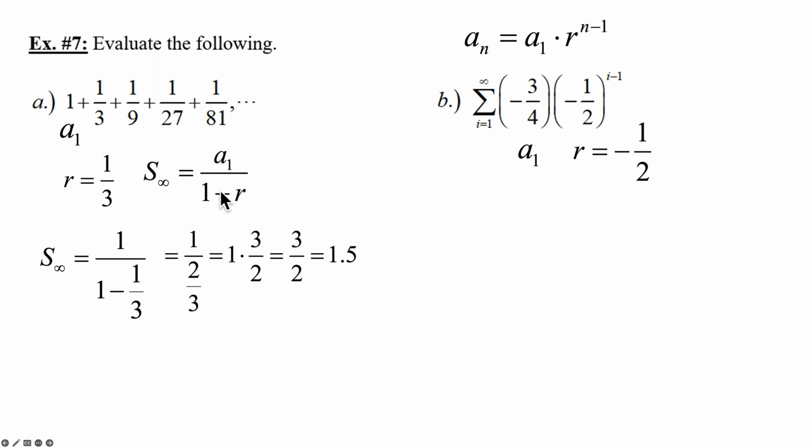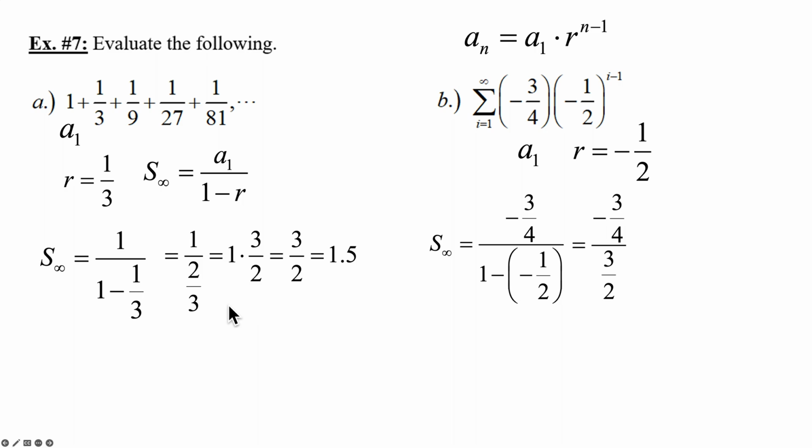So again, we can use our formula here. So -3/4 is a sub 1. 1 minus a -1/2, that's plus, so that's 3/2 on the bottom. Again, don't divide by fractions, you multiply by its reciprocal. You can reduce the 3's, 2/4 reduces to a 2 on the bottom. Our sum is -1/2. And that wraps up our 8.3.